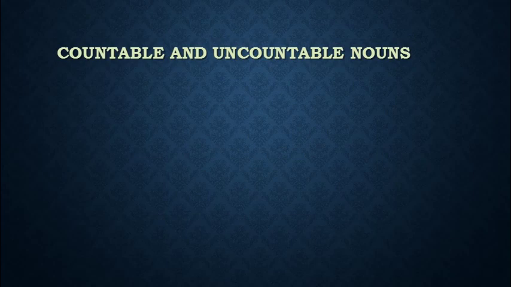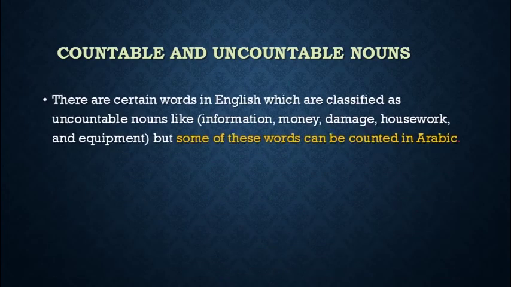There are certain words in English which are classified as uncountable nouns, like, as you know, information. We cannot say informations. Money, damage, housework, equipment, and many other words like furniture, and so forth. These nouns are uncountable. They do not take the S, the regular plural marking of English.